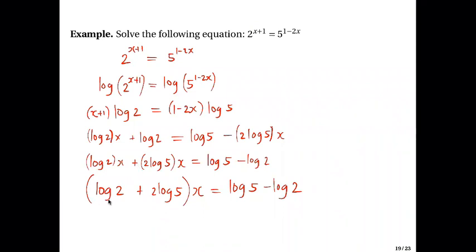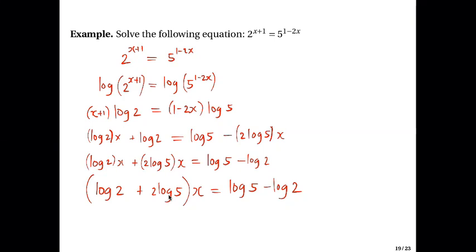And finally, you have log 2 plus 2 log 5. It's not equal to 0. This is also not equal to 0. Which means, if you add these two, the sum here is not equal to 0.